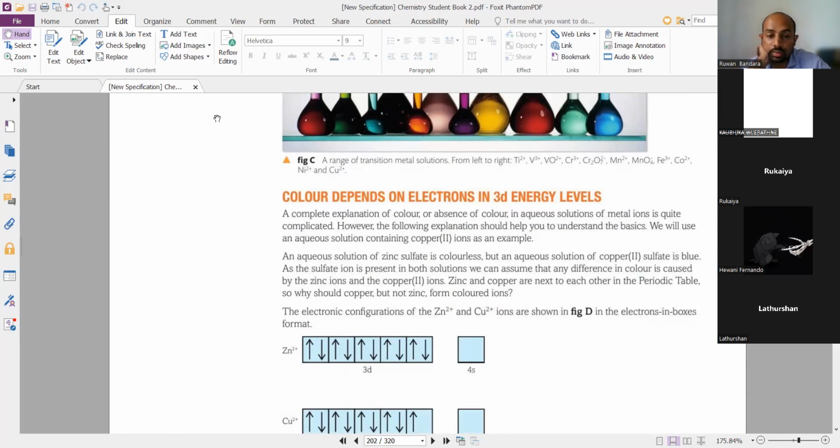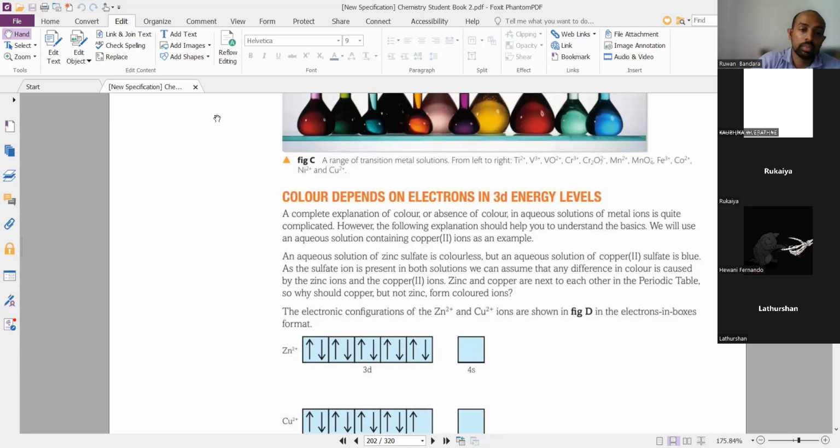Ligand causes d orbitals to split into two different energy levels.